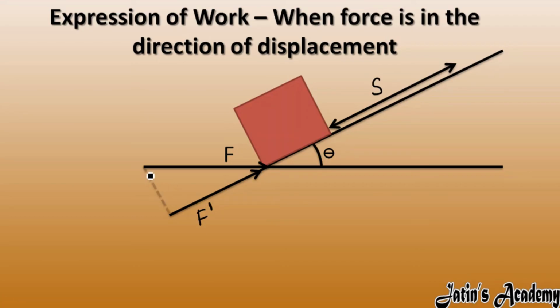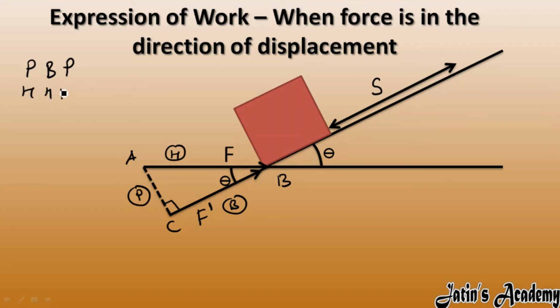So here this is a perpendicular, 90 degrees. So this triangle is again ABC. These angles are vertically opposite, so this angle is also theta. So again, in front of theta we have the perpendicular, in front of 90 we have the hypotenuse, and this is the base. Okay. Now we have to calculate F dash, and F acts as the hypotenuse. Again Pandit Badri Prasad har har bole, sona chandi tole.